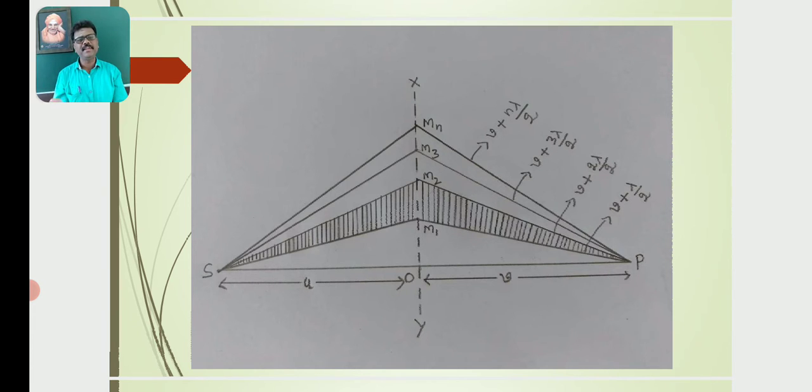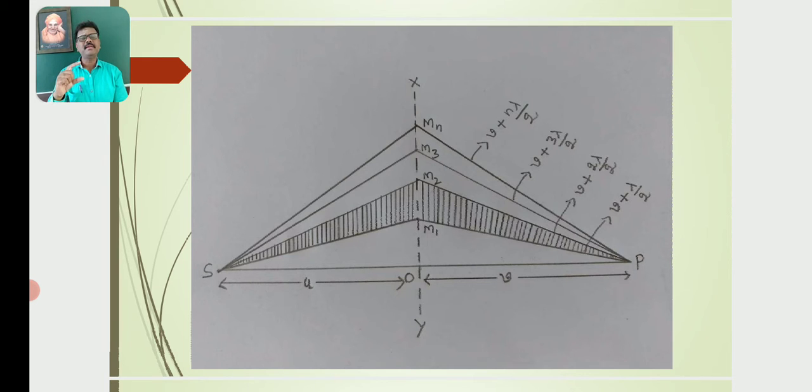On the left of the diagram are the rays from the source. On the right, P indicates the image of that source, U is the object distance, V is the image distance, where XY indicates the zone plate, where shaded areas indicate opaque regions, and the neighboring regions are transparent regions.